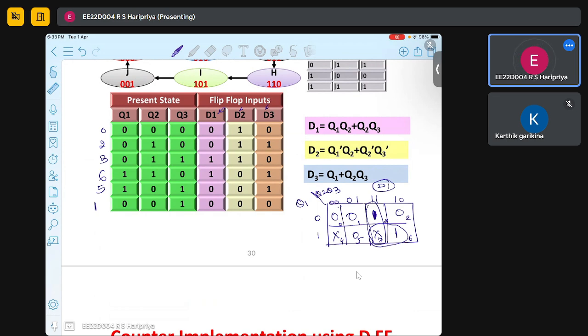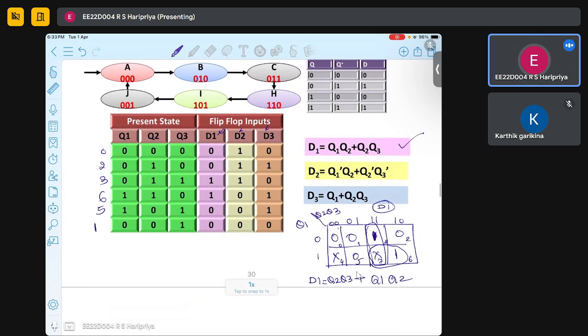And so D1 is equivalent to Q2 Q3 plus Q1 Q2. So in this way, if this present state is not in the order, then the filling of the K-map you should take care this way. Is it clear?